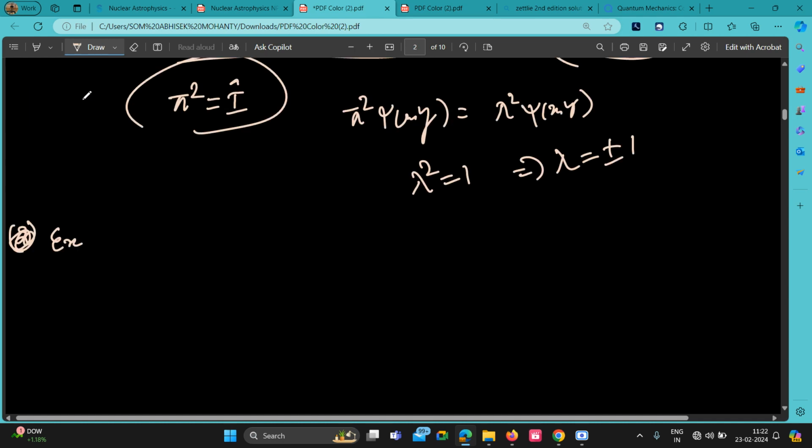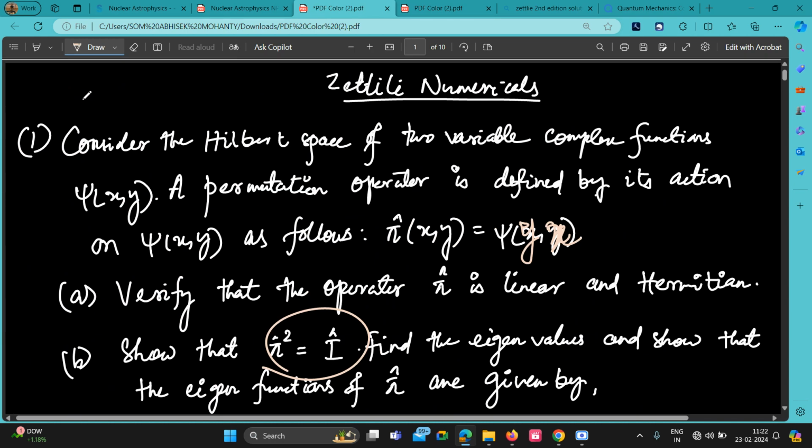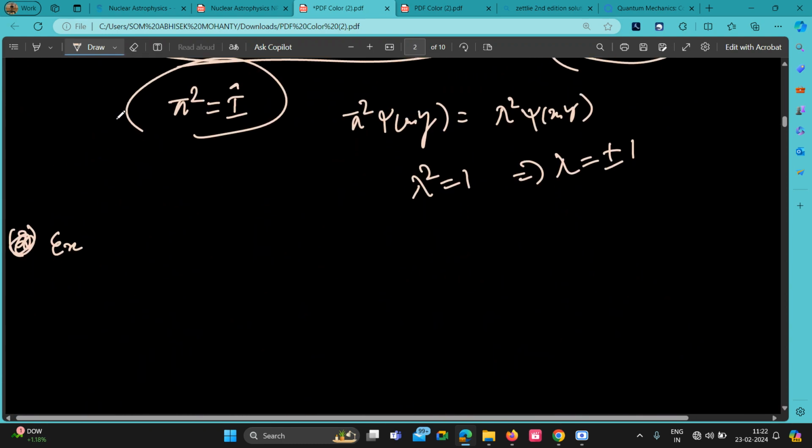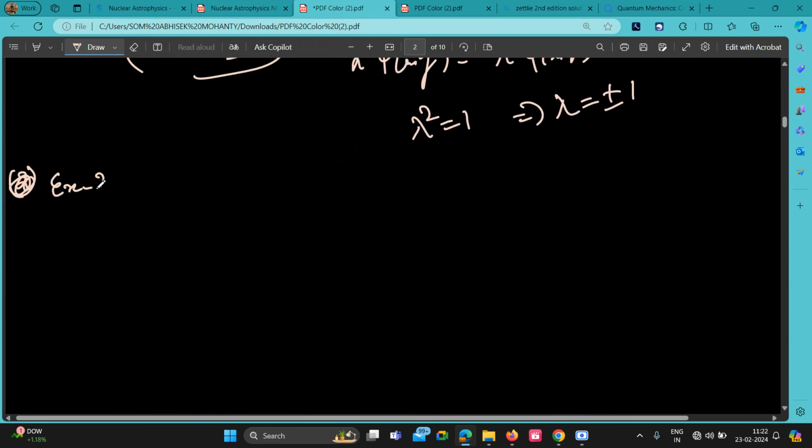The next question is an exercise. Let me write the exercise name. This is for Zettili, exercise 2.55, and starting from the last part, exercise 2.54.